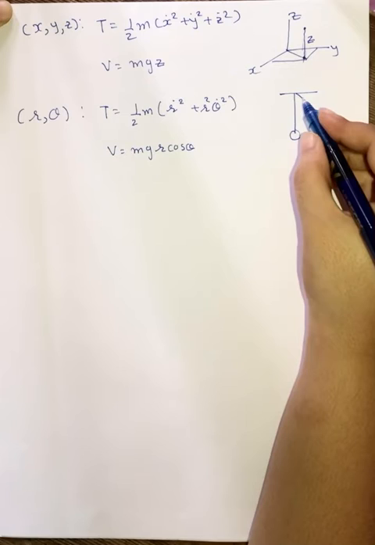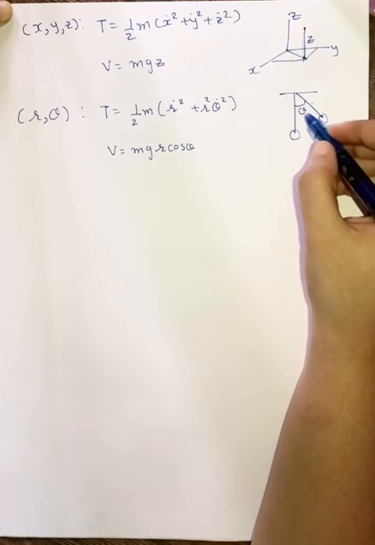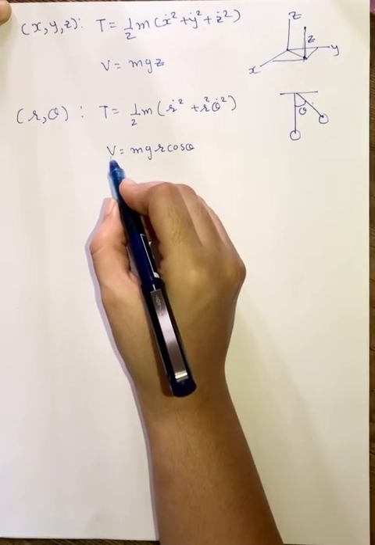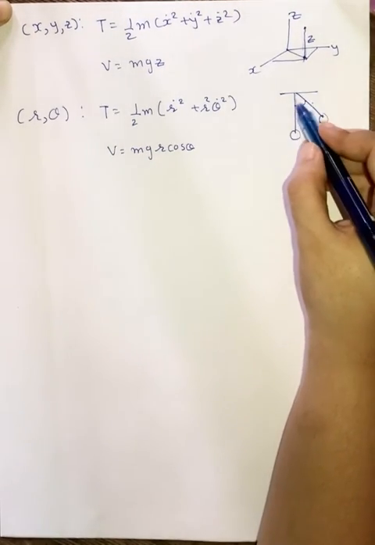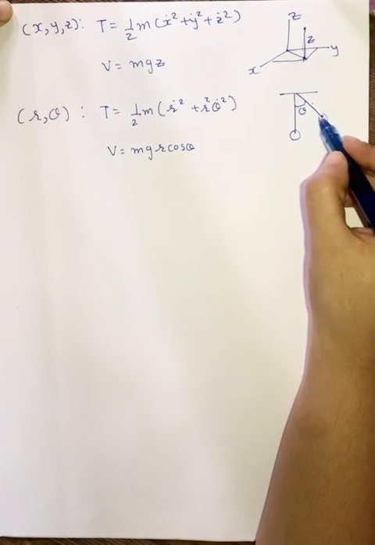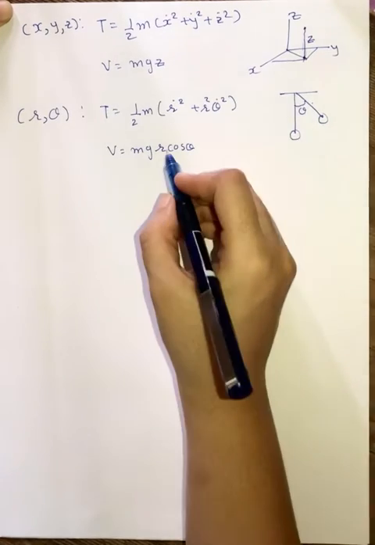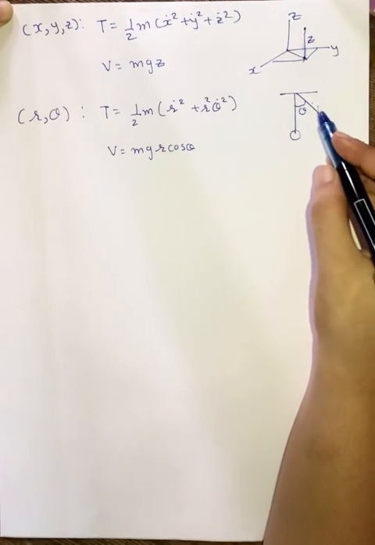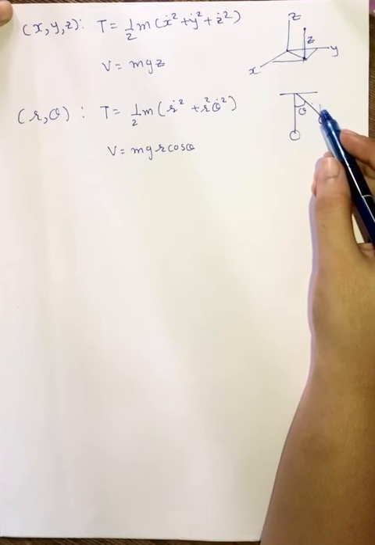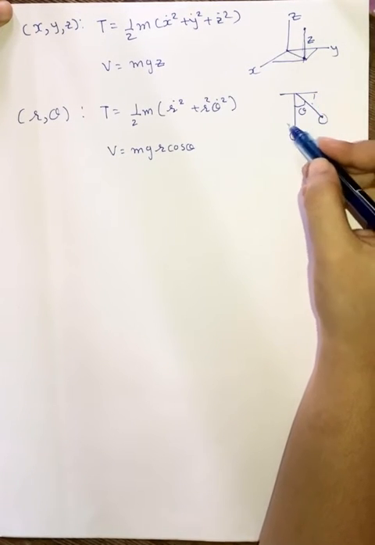Suppose this is its initial position, and after some time it moves through an angle theta. To find the potential energy, we find this height. The component along this height is nothing but the cos theta component. If the angle was here, then it might be a sine theta.